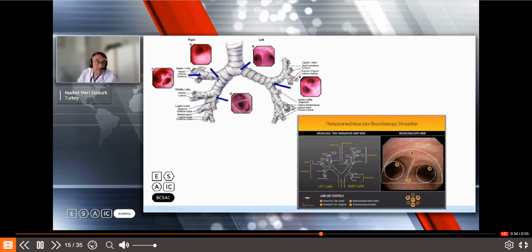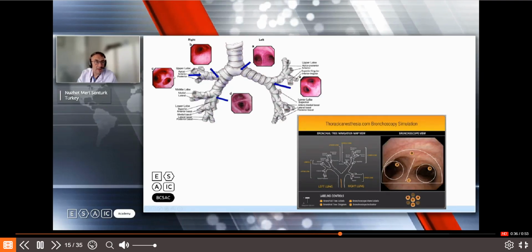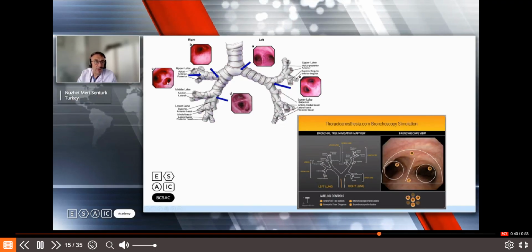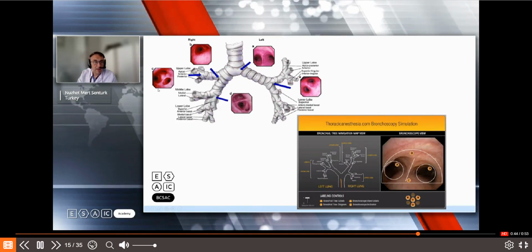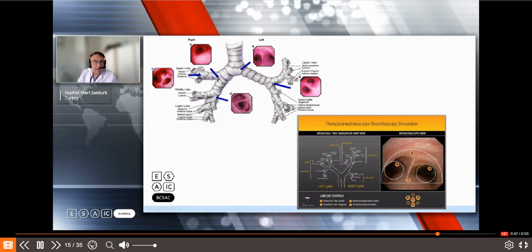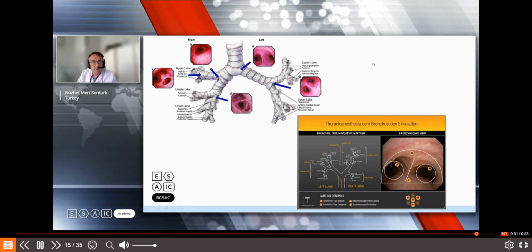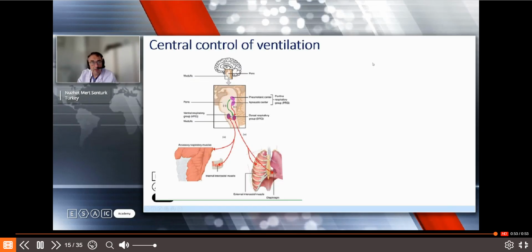Another thing that we all know is the view of the right upper lobe. This is the only lobe with 3 further segments, and therefore what we see here is a so-called Mercedes star. This can help us to get oriented during the bronchoscopy.